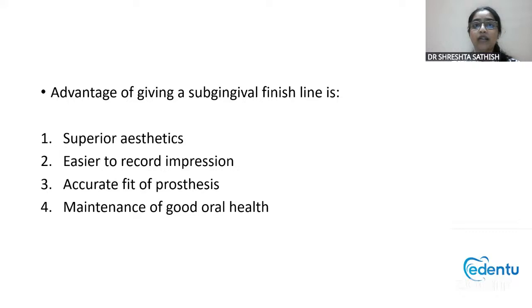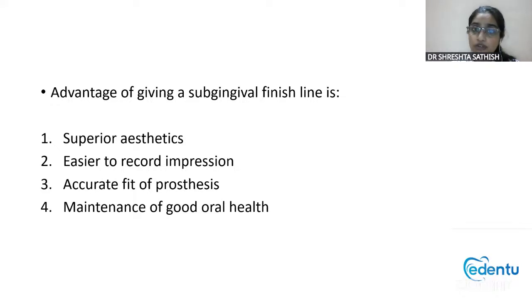What is the advantage of giving a subgingival finish line? Superior aesthetics, easier to record impression, accurate fit of the prosthesis, or maintenance of good oral health. It is difficult to maintain good oral health with a subgingival finish line. Very clear. Easy to record impression, not really. You need excessive gingival retraction to clearly record your subgingival finish line.